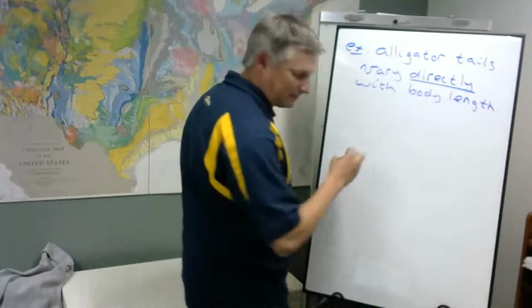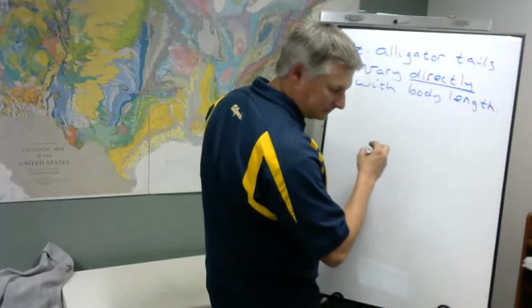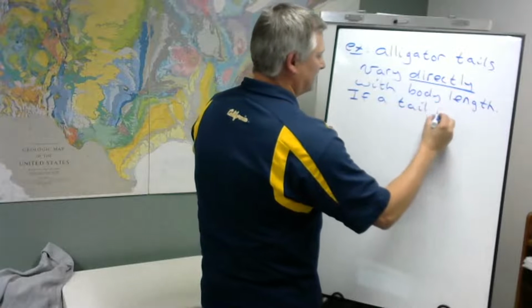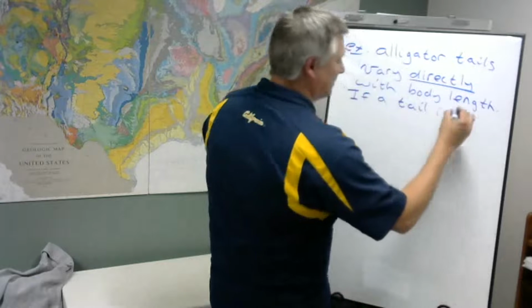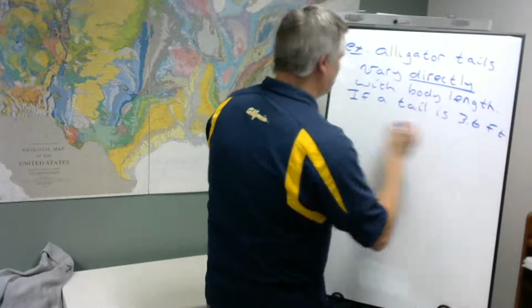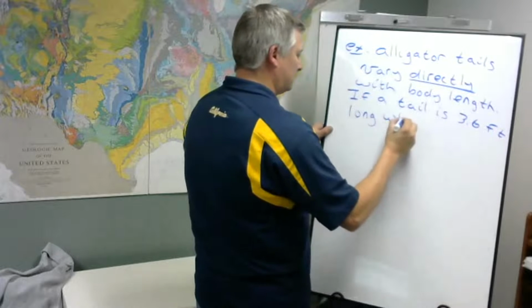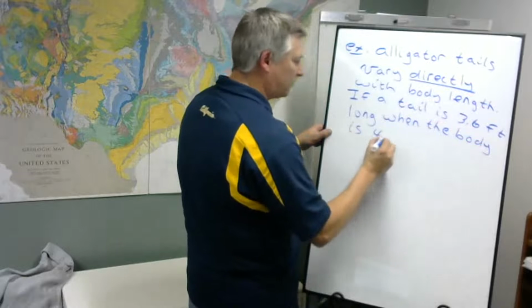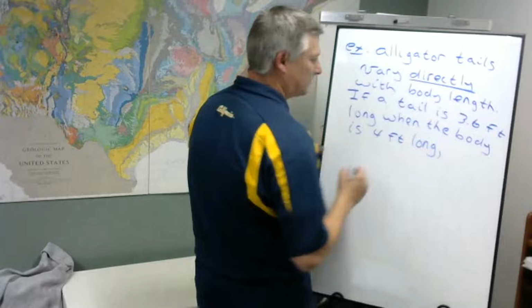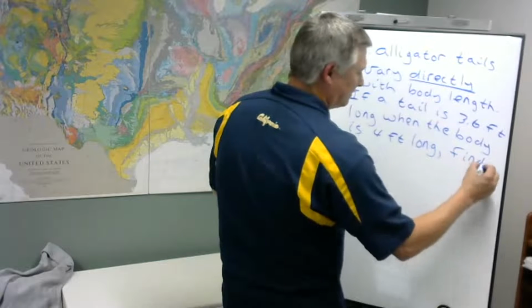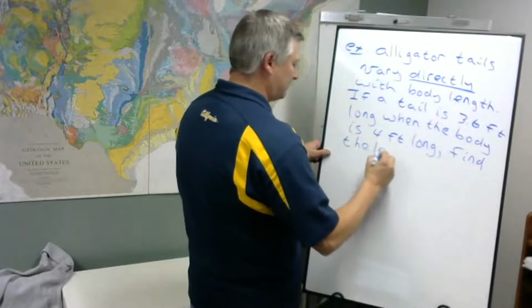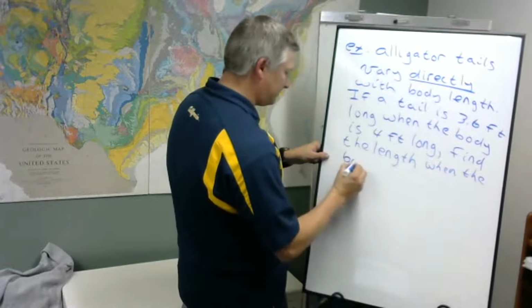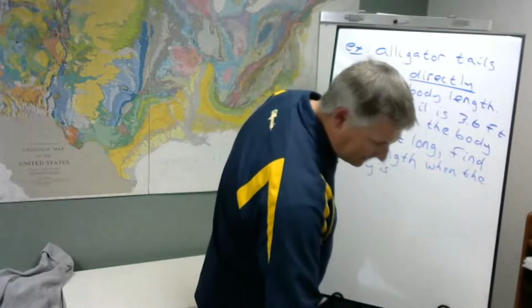Let's say we have this: if a tail is 3.6 feet long when the body is 4 feet long, find the tail length when the body is 6 feet long.